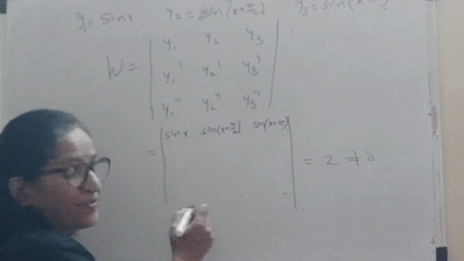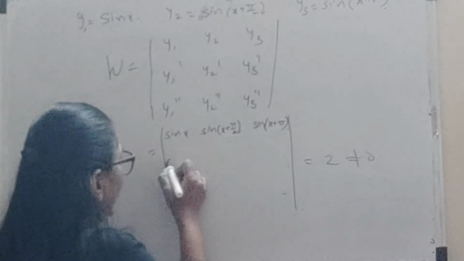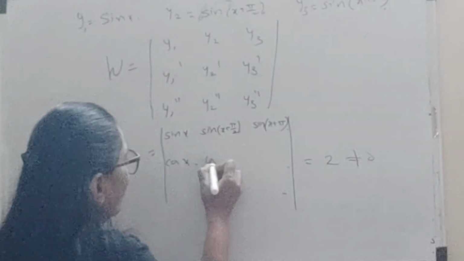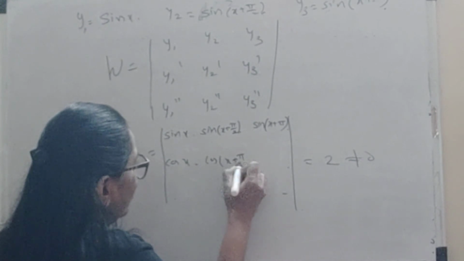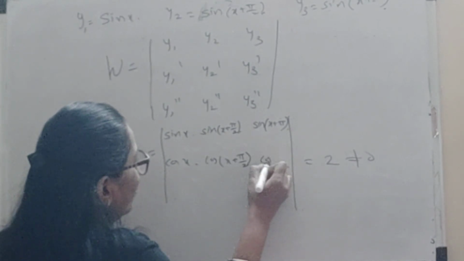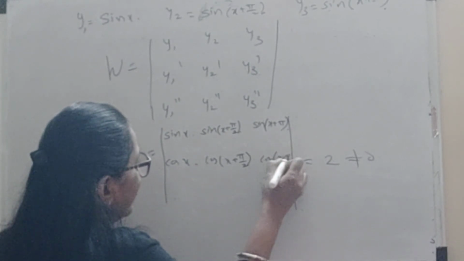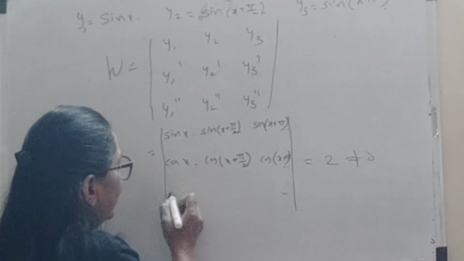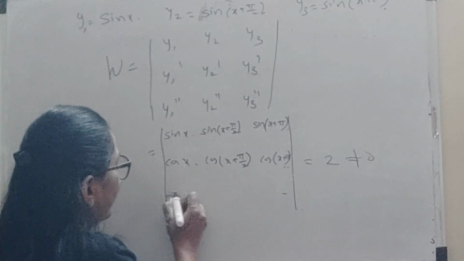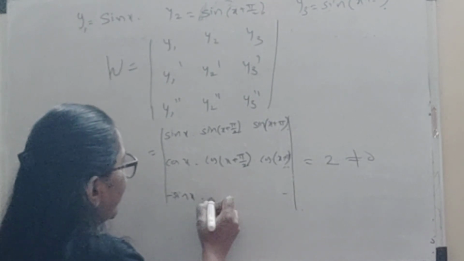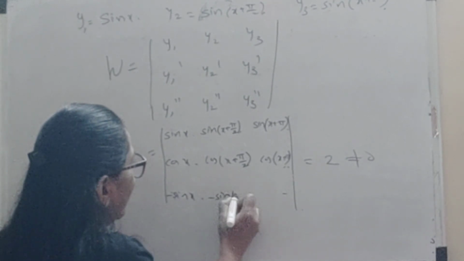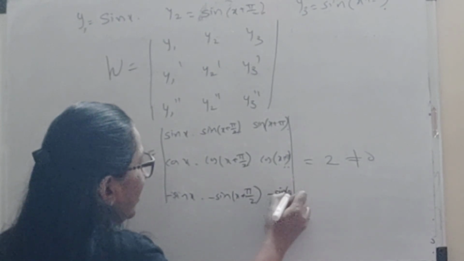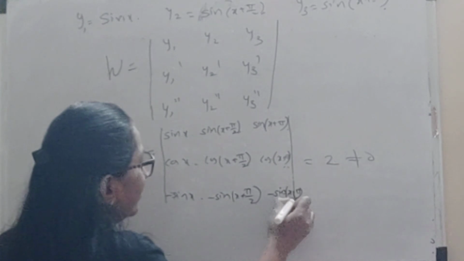The derivative of sin is cos, so over here it is cos x, cos of x plus pi by 2 and cos of x plus pi. Then the next row is minus sin x, minus sin of x plus pi by 2 and minus sin of x plus pi.